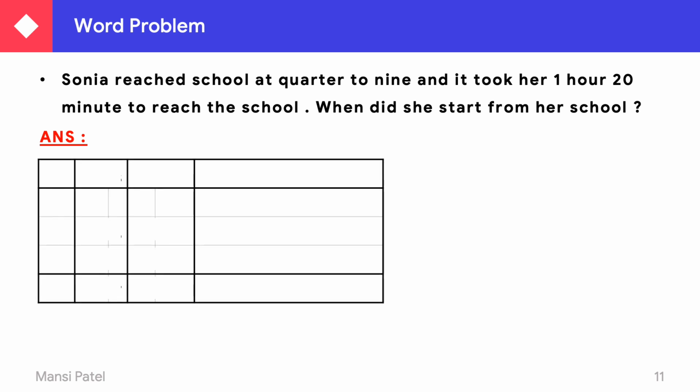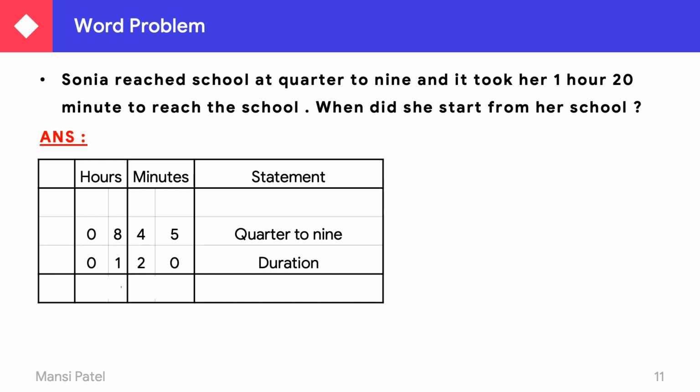So see here, hours, minutes, and in a word problem, as you know already, we have to write down the statement. So she started from 8:45, that is when she reached school, minus 1 hour and 20 minutes.